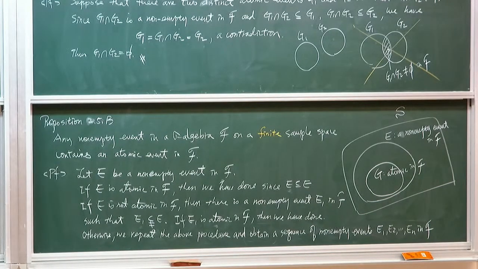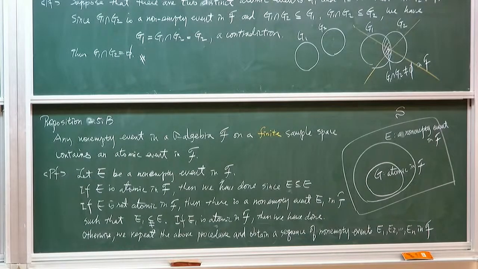Why? Because every time you find a proper subset, the size of this proper subset will be less than the size of E. So you reduce the number of outcomes in the events, and each time you reduce at least one outcome, so the longest chain for n would be less than or equal to the size of E minus 1. Which means that you cannot repeat the procedure indefinitely.